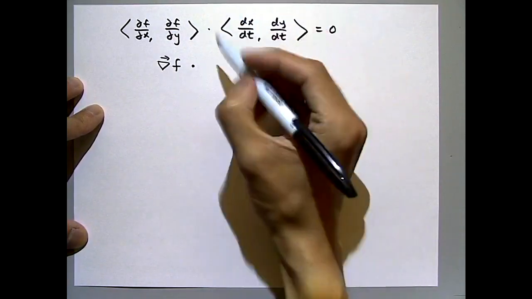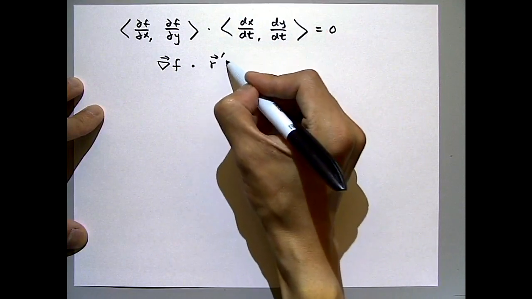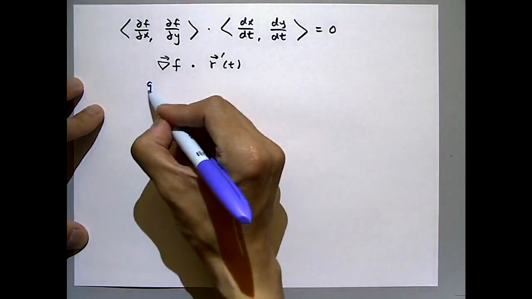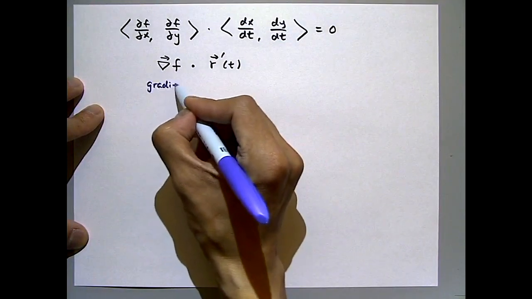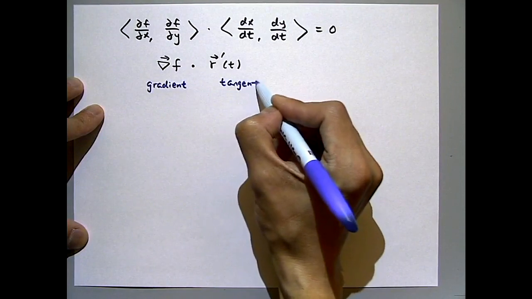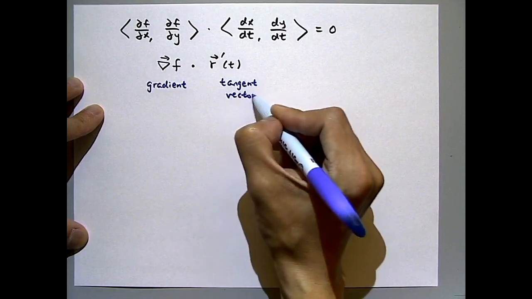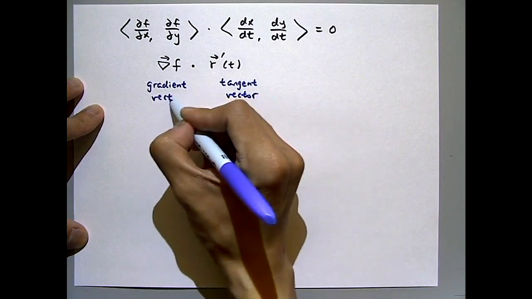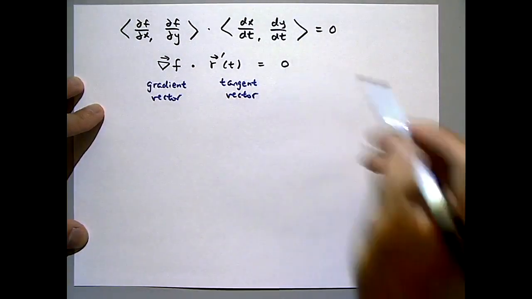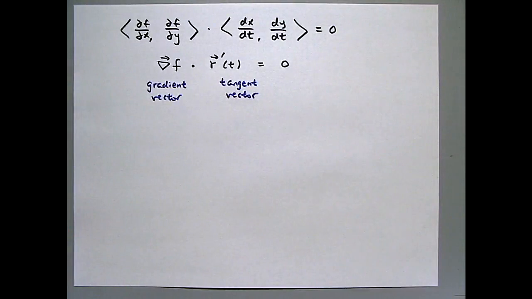This is the tangent vector, r prime of t. And if the dot product of two vectors is 0, that means they are perpendicular.